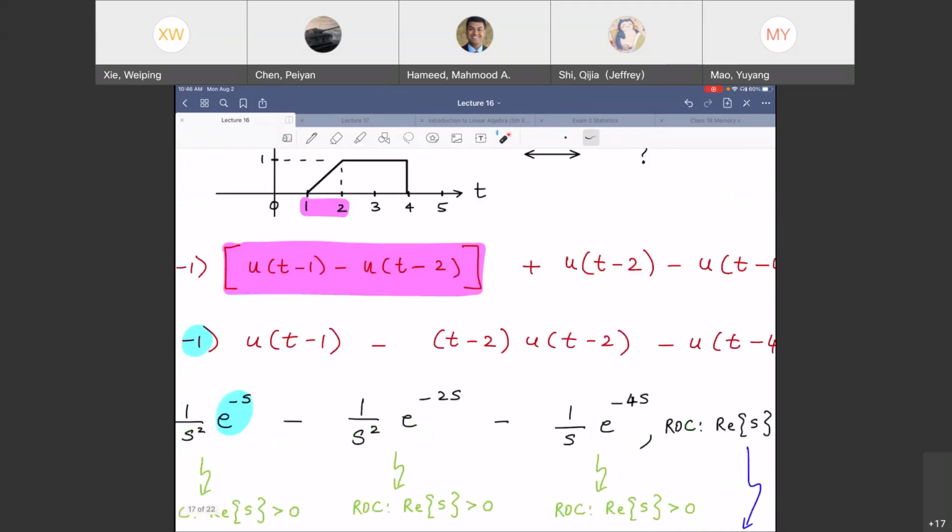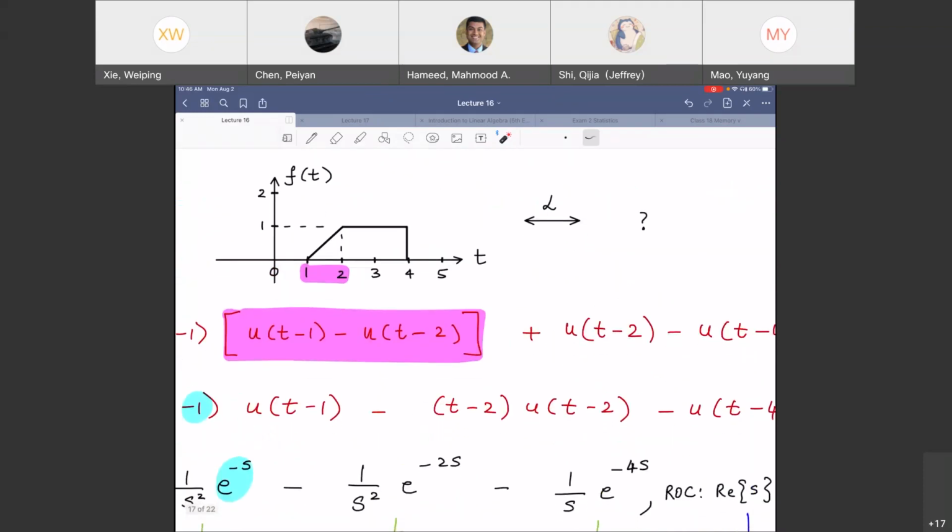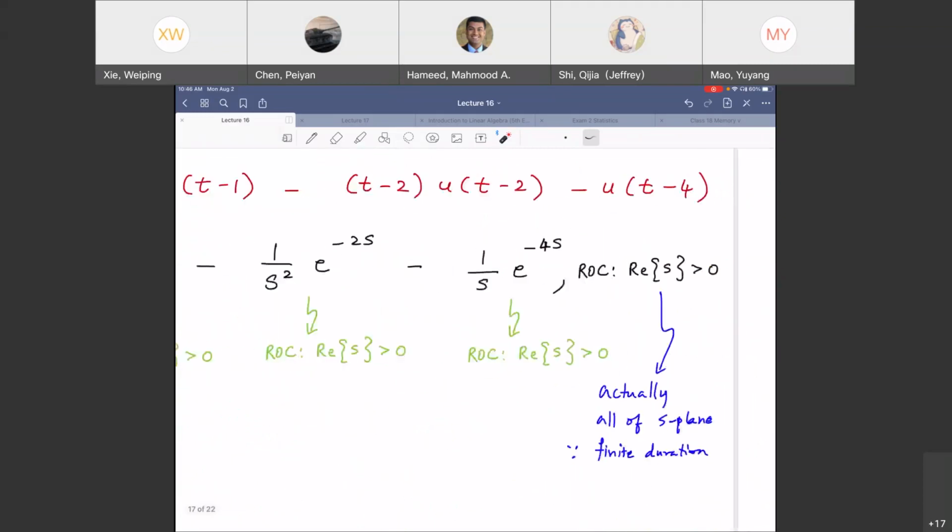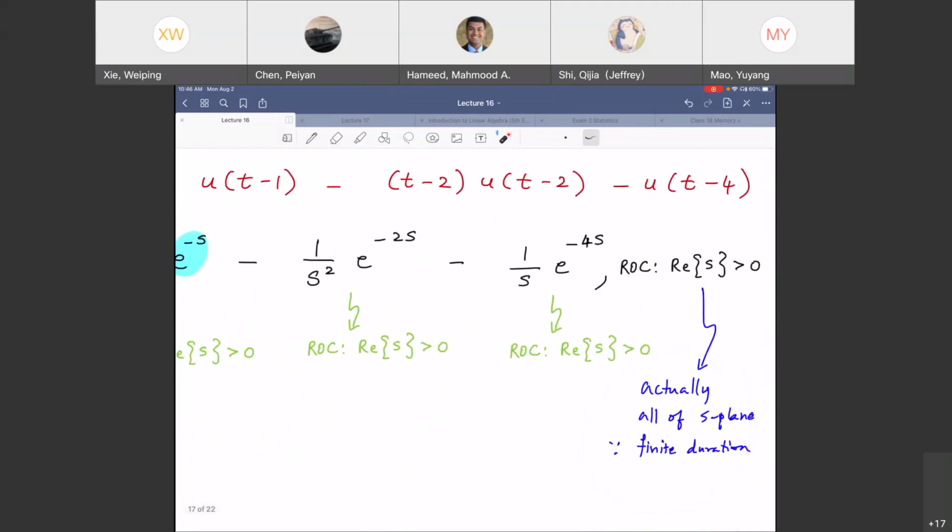But clearly, when you look at the signal, it is finite duration. Starts at one point, ends at one point. So it should be able to converge everywhere in the s-plane, which is what it is. Actually, it is all of s-plane because it's finite duration. However, when you apply this property of intersection, what you get is at least this much, right? So at least it is real part of s greater than 0.